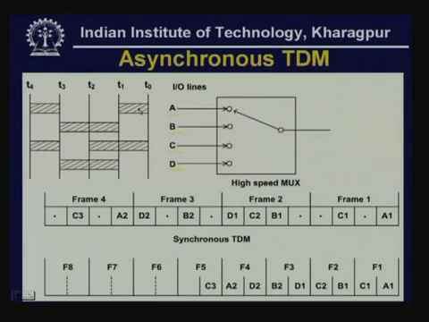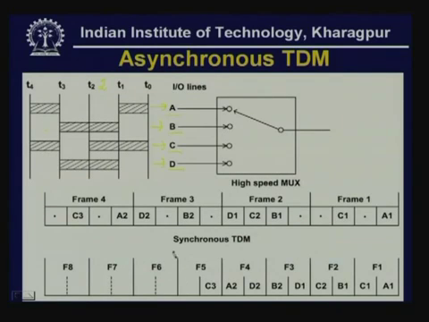Here there are different time slots. This corresponds to source A, this data is going to source B, this is going to source C, and this is going to source D. Now, as you can see, during the time slot T0 to T1, only channel A and channel C have data. Similarly, during slot 2, channel B, channel C and channel D have data. During slot 3, channel B and channel D have data. During slot 4, channel A and channel C have data.